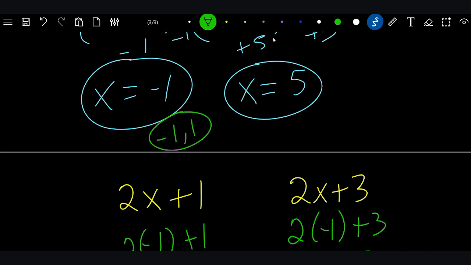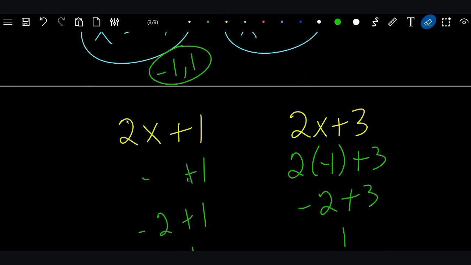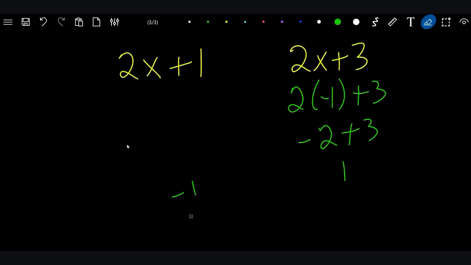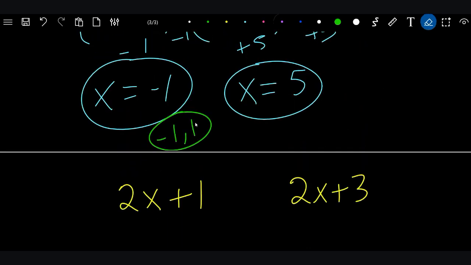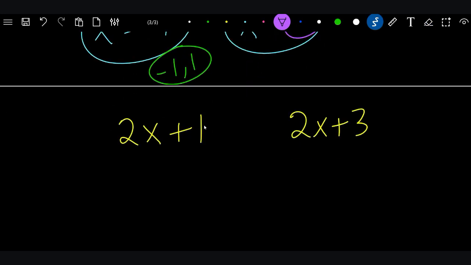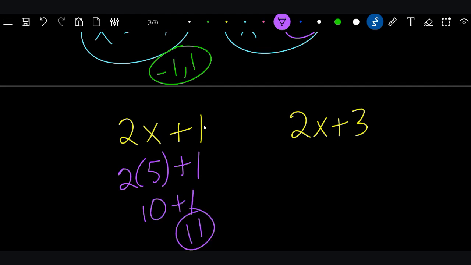Okay. What's our other solution? Well, we need to do this again. Let me erase this real quick. All right, so we need to do this again with our other solution of 5. So now we're going to have 2 times 5 plus 1, which is 10 plus 1, or 11.